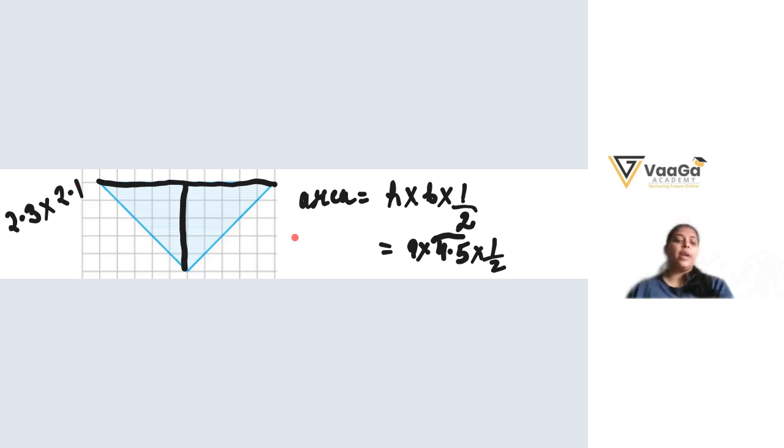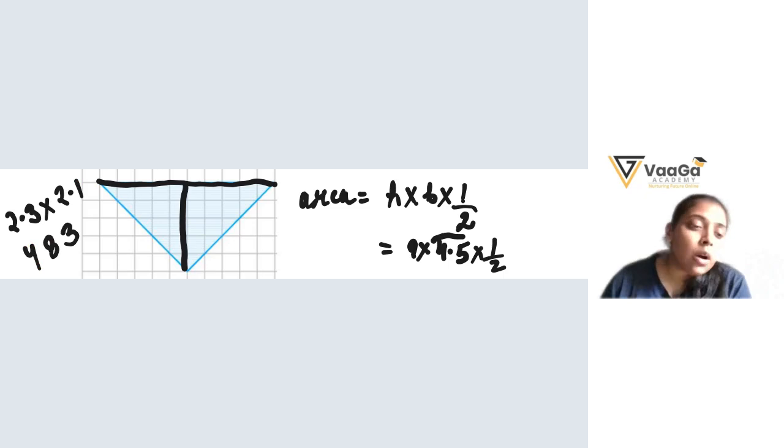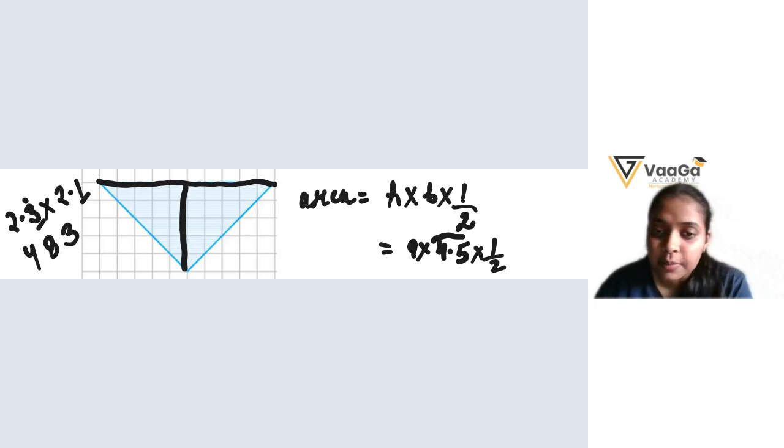48.3. Okay, you have 483. Now I have decimal after one digit in this and after one digit in this. So in total, how many digits I have after the decimal?